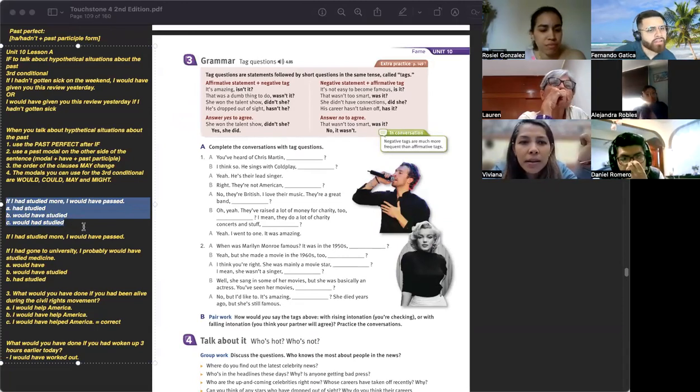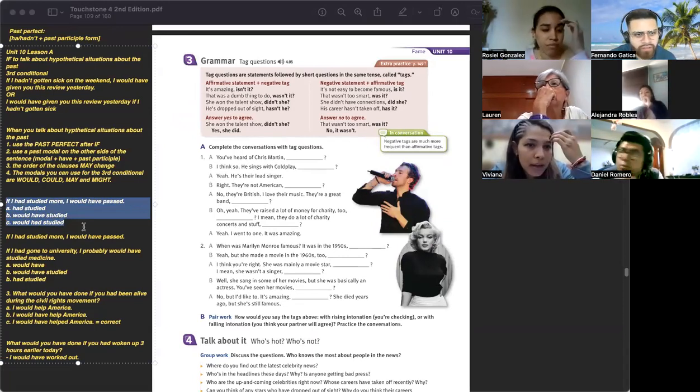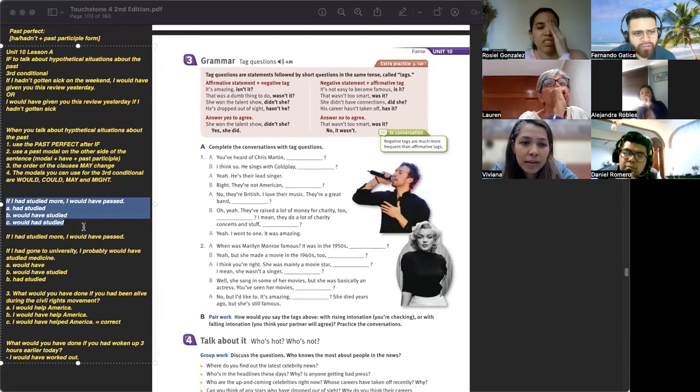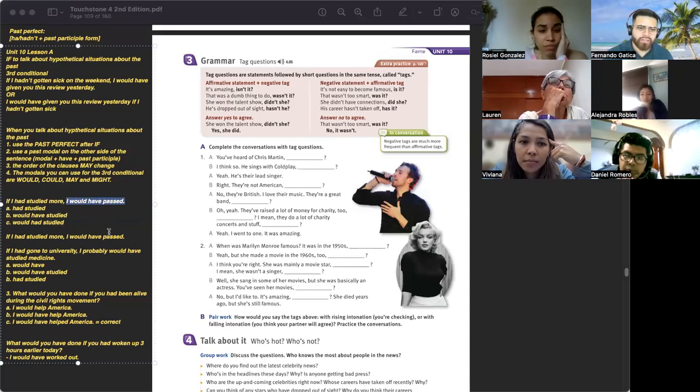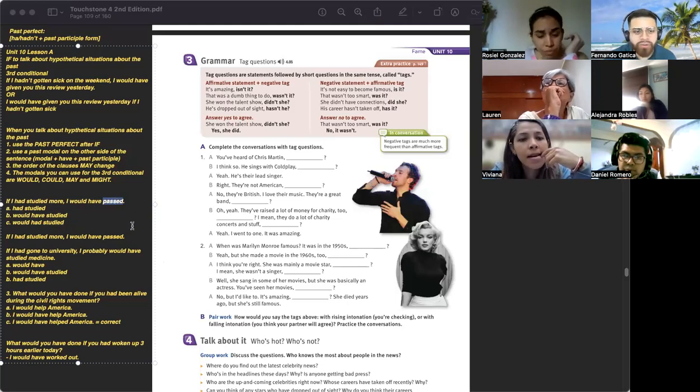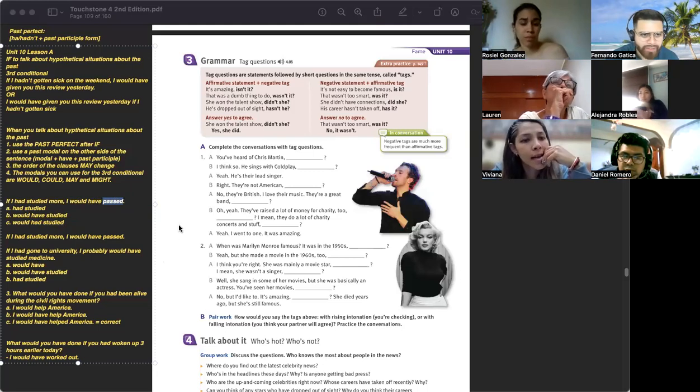I get confused with the verb. Always I need to put this verb in the past participle, like after have? Yes, after have, you always use the past participle. That is true.